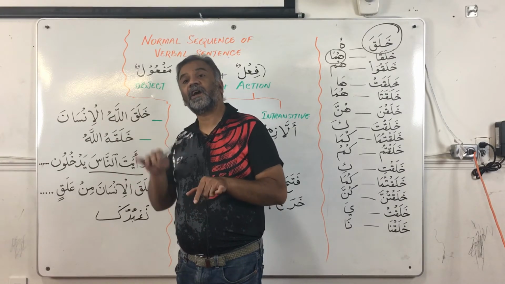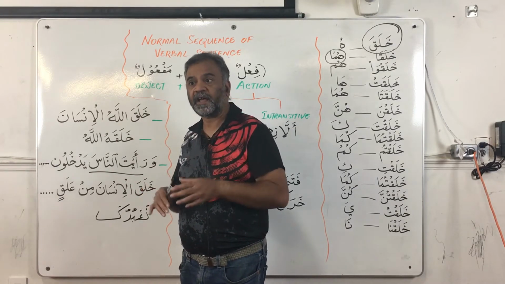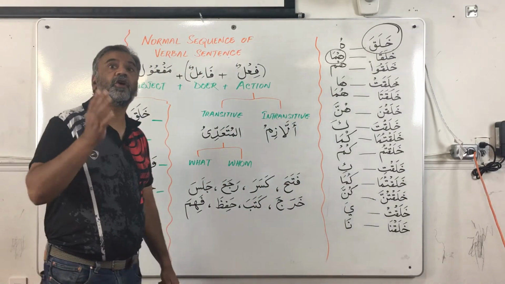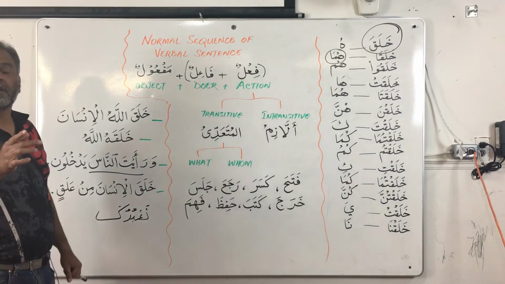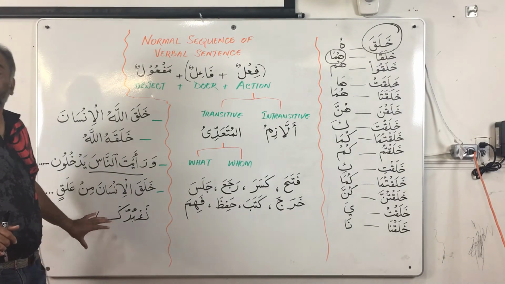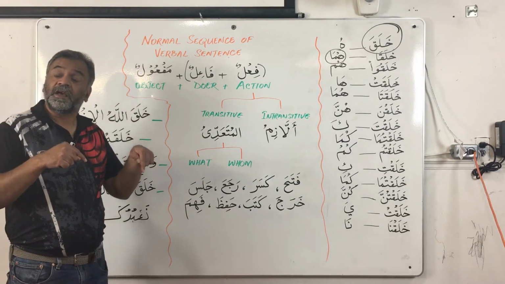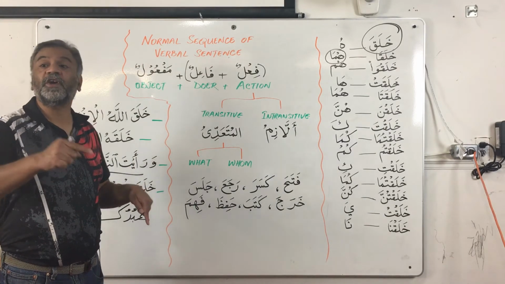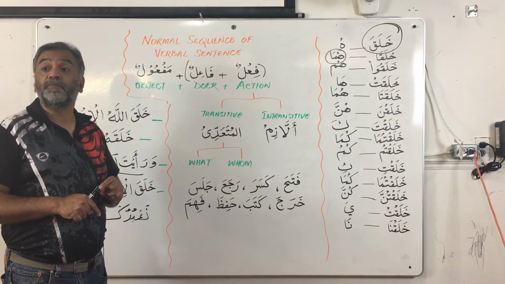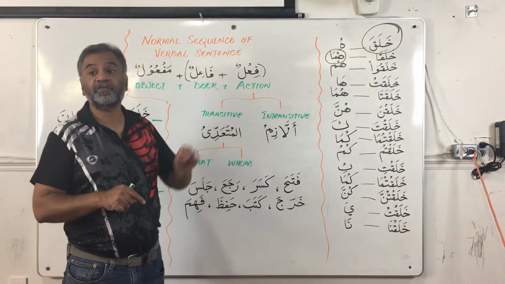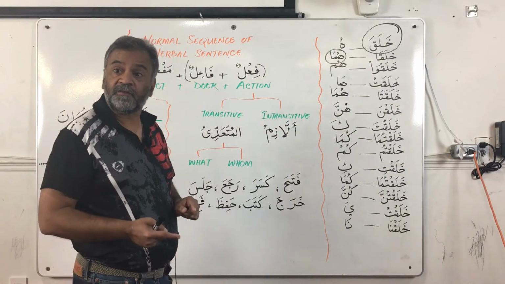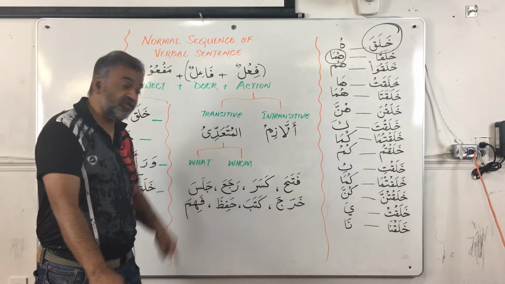But when we say iyyaka na'budu, I think we have done that. Allah subhanahu wa ta'ala said, in na'buduka there is a complete jumla failure, but I come before your worship. So I'm not going to follow the normal sequence of a verbal sentence. For me to emphasize myself, I'm going to put myself first before your worship.